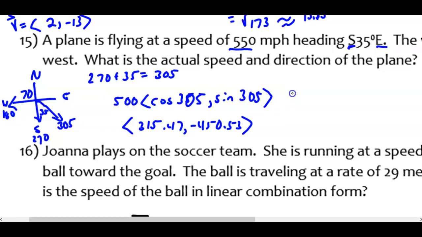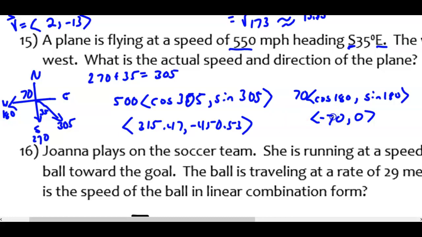So we use the speed of 70 times the cosine of 180, sine of 180. And so we end up with negative 70 and 0.